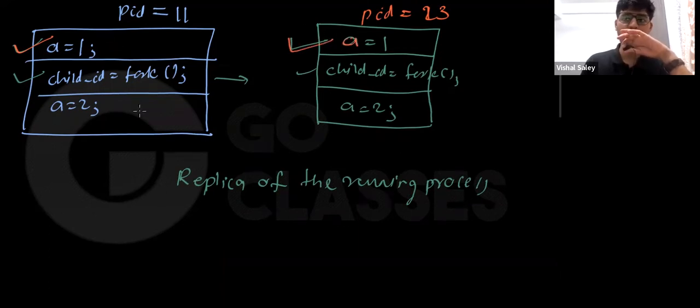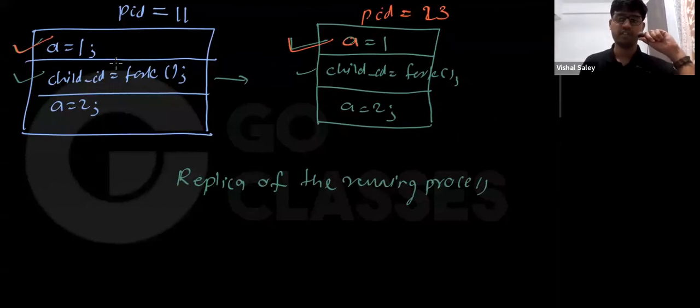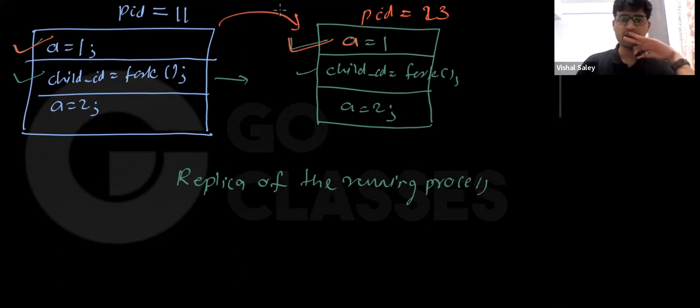So it's basically like you pause this process, you copy this process into some other process, and now you resume both the processes. You freeze it, you copy whatever is there in this process, you copy it here, and you resume both the processes. It's basically freeze, copy, and unfreeze. Is this understood? Any doubt in this? Correct, kind of a snapshot.